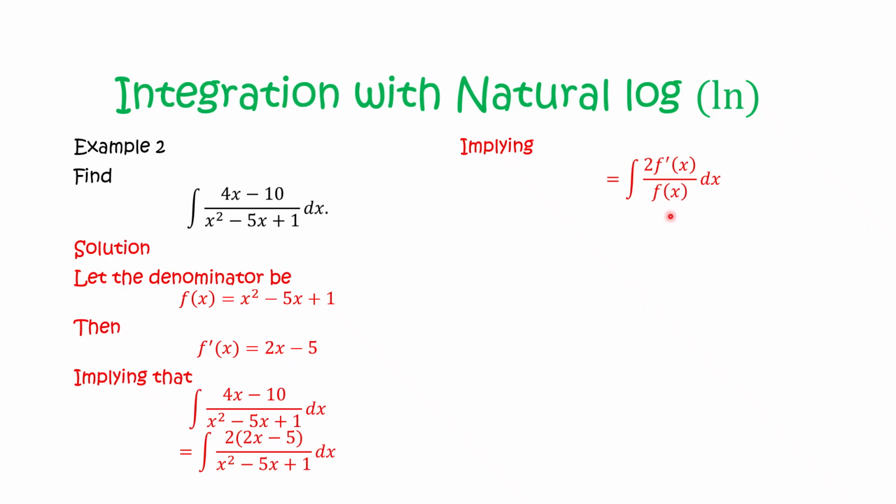So with that, from equation 2, we are going to have the 2 that we factored out, we take it out, we have that 2 times the natural log of the absolute value of x squared minus 5x plus 1 plus the constant of integration c.